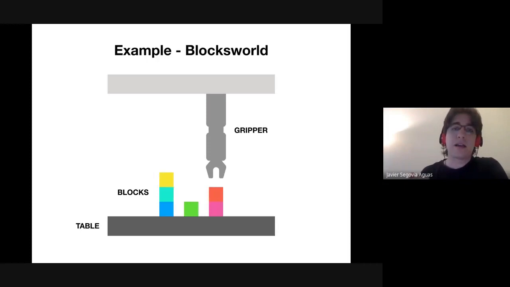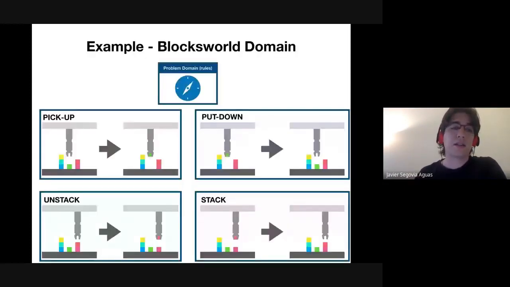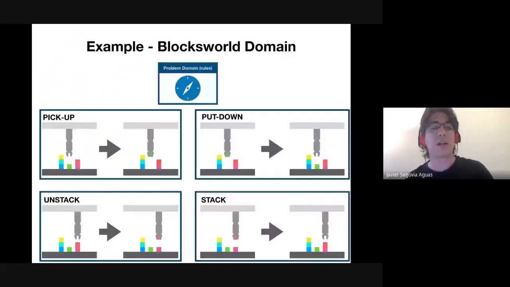So these are the problem domain rules that we may find in this domain, the ways that we can interact with this world. We have these 4 actions: pickup and put down. Well, one does the opposite of the other. Also unstack and stack, which also do the opposite of each other.